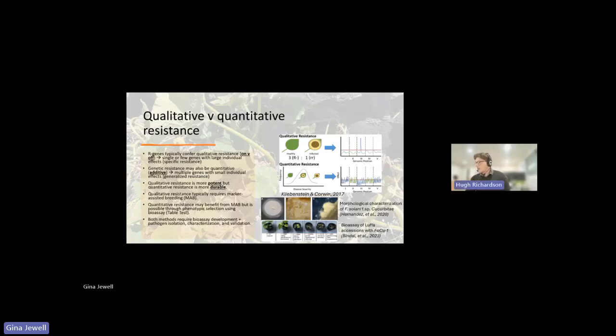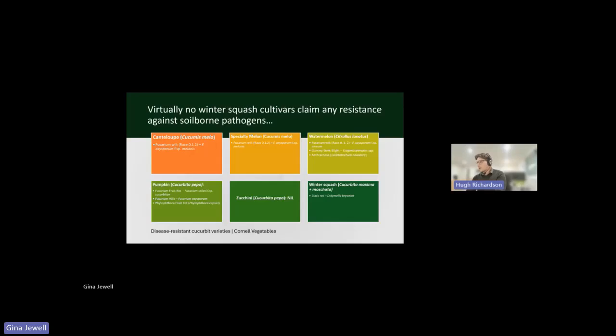Fundamentally, for both methods to work, you need a good table test, so bioassay development, to actually screen genotypes for resistance or susceptibility to a disease. But that also relies upon good isolation, characterization, and verification of the causal pathogen.